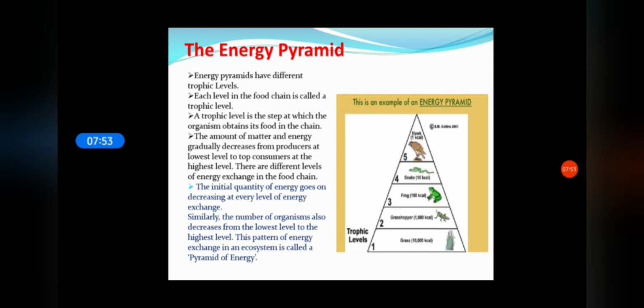When all these trophic levels are arranged from producers to top or apex consumers, it forms a pyramidal shape as the amount of energy and matter goes on decreasing continuously as shown in the alongside picture. Similarly, the number of organisms also decreases from the lowest level, that is from producers, till the highest level, that is top consumers. This pattern of energy exchange in an ecosystem is called energy pyramid or pyramid of energy.